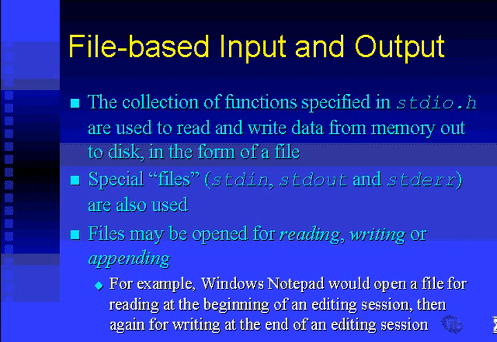You'll go file save, at which point Notepad will open up the same file a second time, and this time it will open up for writing, write all the information from memory back out to the file, and close it a second time. So you'll do two opens and two closes, and the first one you'll do an open and a read and a close, and the second time you'll do an open and then a write and then a close. Appending is simply adding to the end of an existing file.